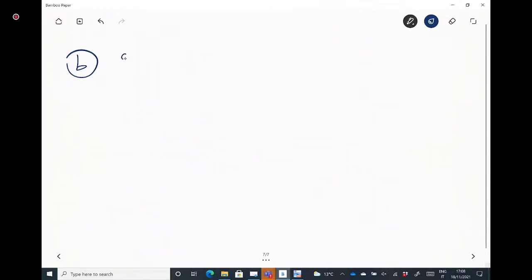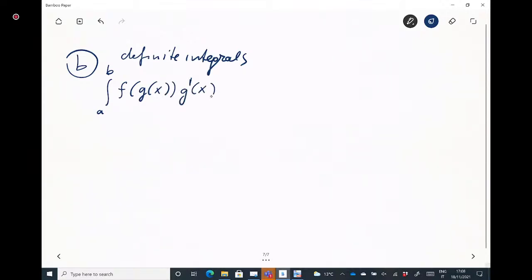For definite integrals, so basically, if I have the integral between a and b of f of g of x times g prime of x dx, this is again equal to some definite integral of f of u du, with the same meaning of the symbols.